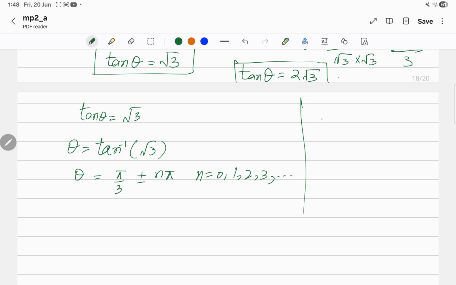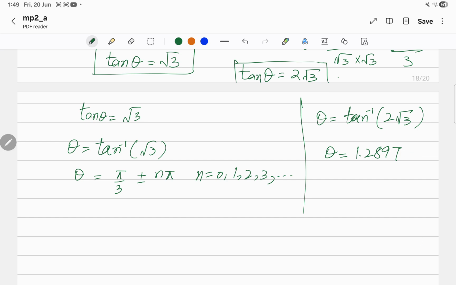And on the other side, since we have tan theta equals 2 root 3, if you apply tan inverse on it, tan inverse of 2 root 3, if you work on this on the calculator, we will have 1.2897 radians.